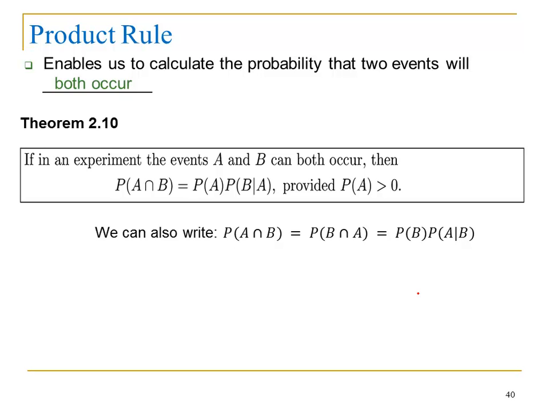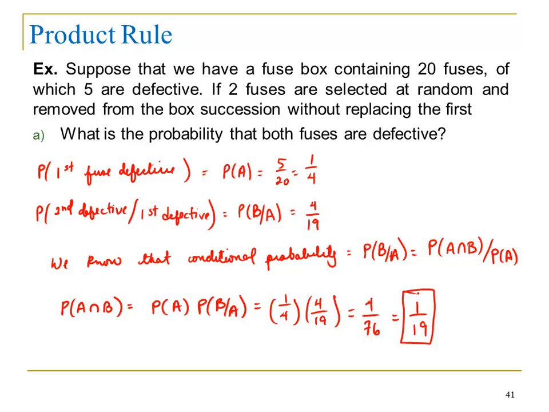We have that information from our problem, so the only thing we need to do is multiply these two numbers to get that probability. In this case it is 1/19, which is very low, and you should expect that type of probability for this type of problem.